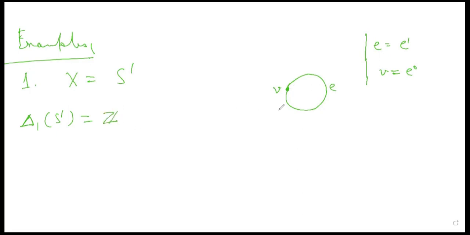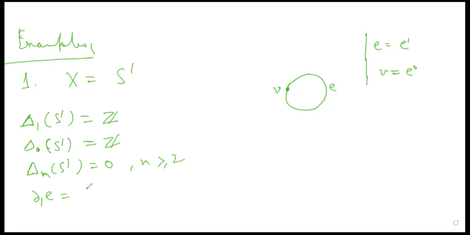So this is basically Z, the free abelian group generated by a single element, just Z. And this one is Z. Now Delta n of S1 is 0 for n greater than or equal to 2, because there are no open n-simplices of dimension greater than or equal to 2. Now this one is what?